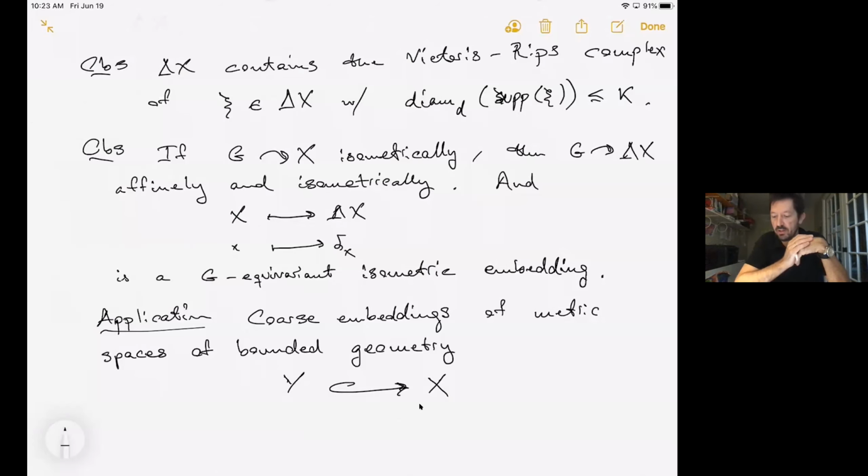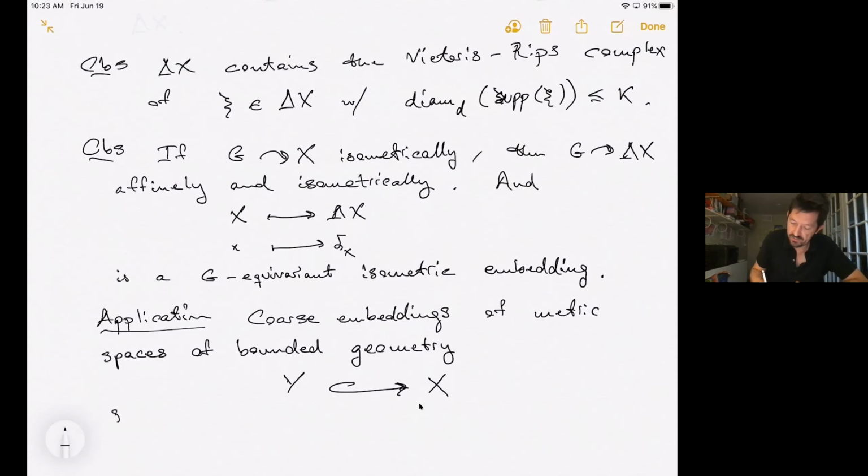It shouldn't be an isometric embedding, but if you think of Y as being a Banach space, maybe it's Lipschitz for large distances, and the inverse is Lipschitz for large distances.